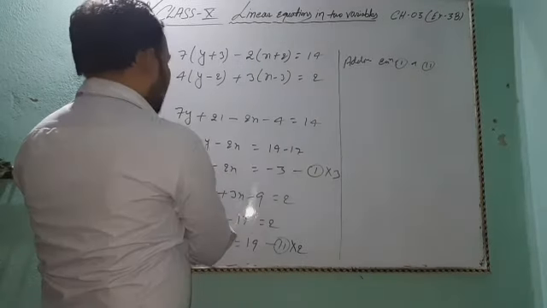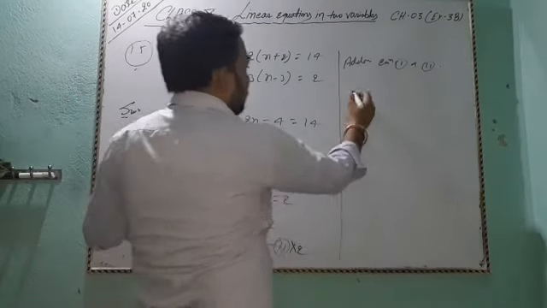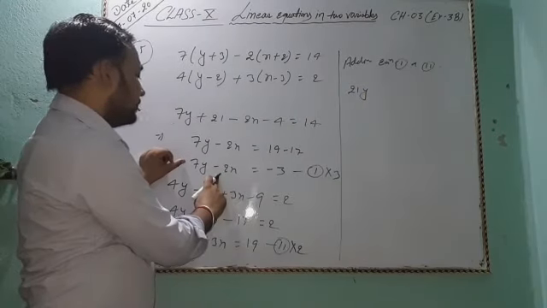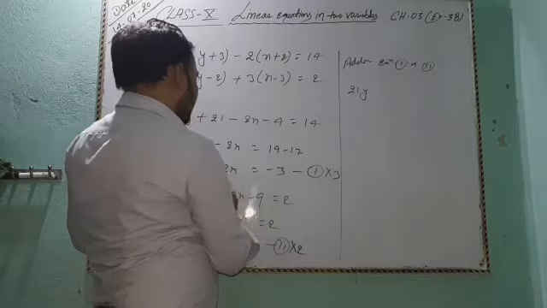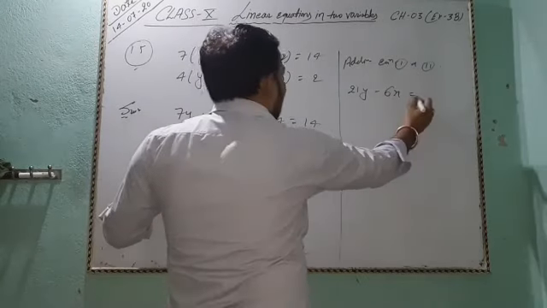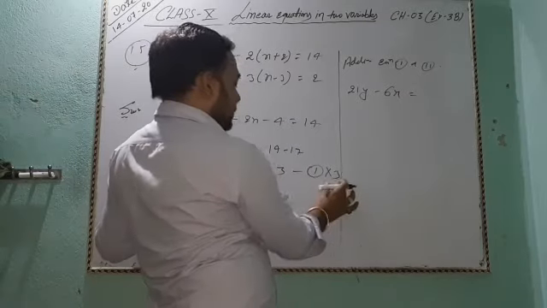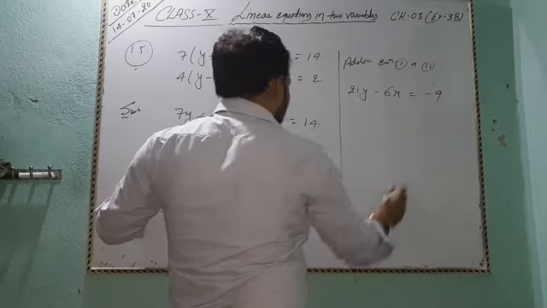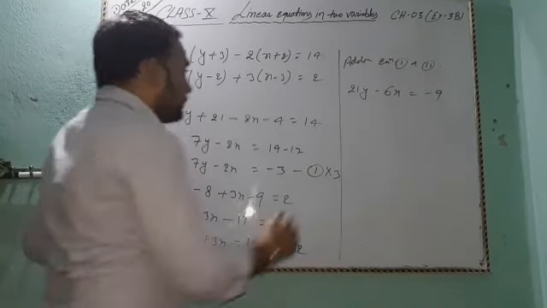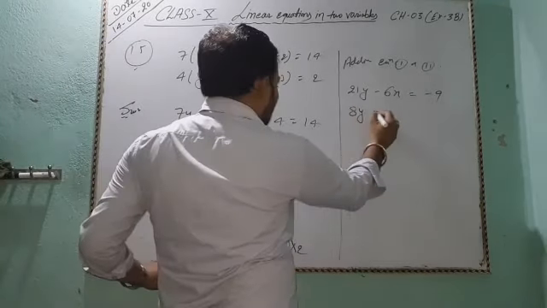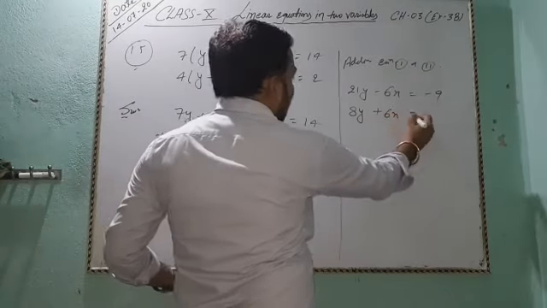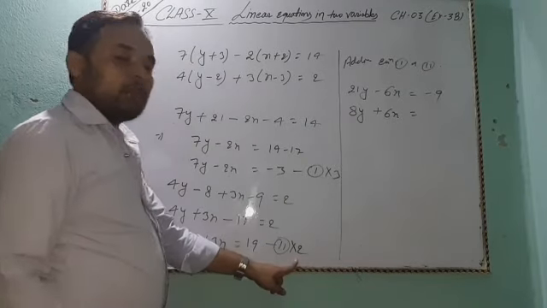So 3 sevens are 21y and 2 threes are 6, minus 6x equal to minus 3 multiplied by 3, 3 threes are 9, minus 9, and next is 4y multiplied by 2, 4 twos are 8y plus 3 twos are 6x equal to 19 twos are 38.